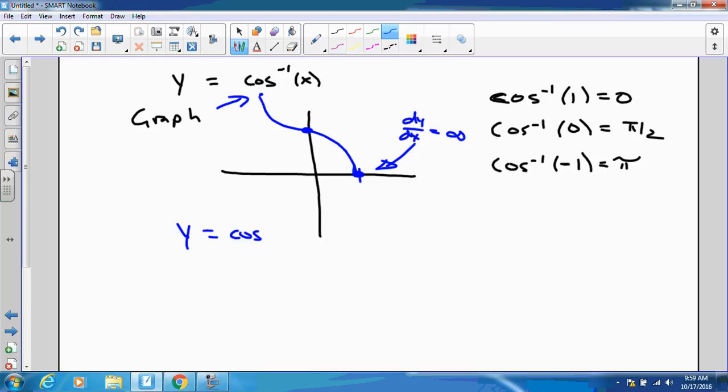Good. Now what about the derivative? So our task is y equals inverse cosine of x. Find dy/dx. Guide me through. Elliot, you're on.